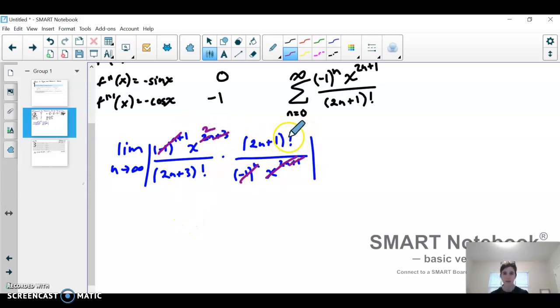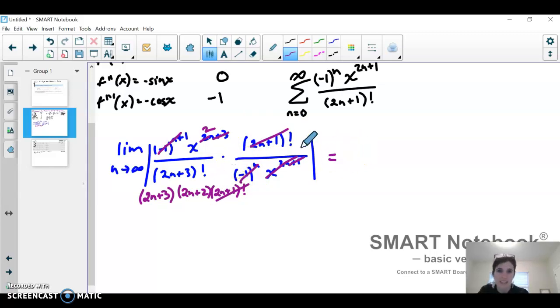We have 2n plus 1 factorial. That is smaller than 2n plus 3 factorial. So I'm going to write out 2n plus 3 factorial as 2n plus 3 times 2n plus 2 times 2n plus 1 factorial. And what's nice about that? Our 2n plus 1 factorials cancel out.